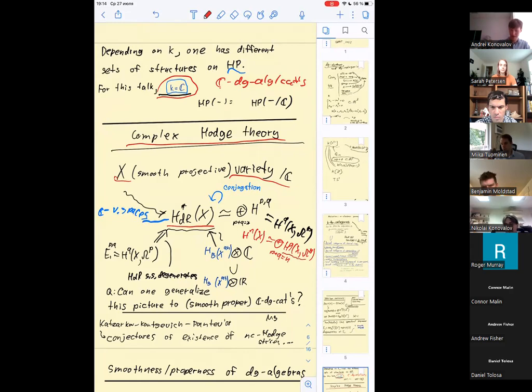Those are just some coherent cohomology of sheaves, or if you know something about harmonic forms, those are just given by some vector spaces generated by some nice harmonic forms.